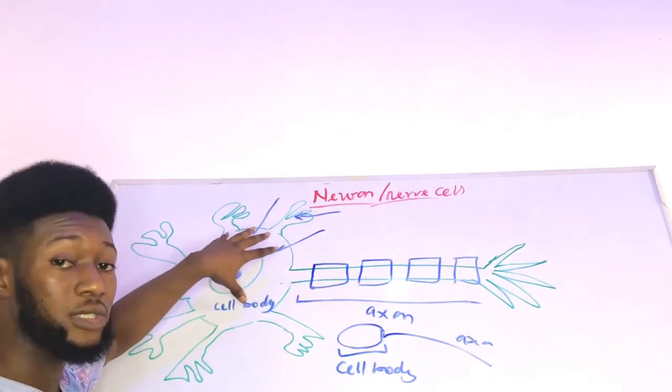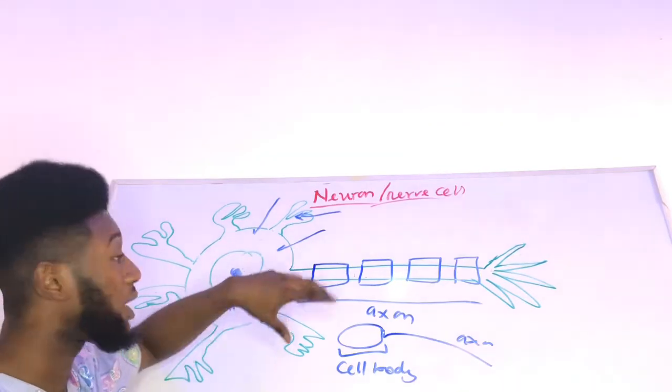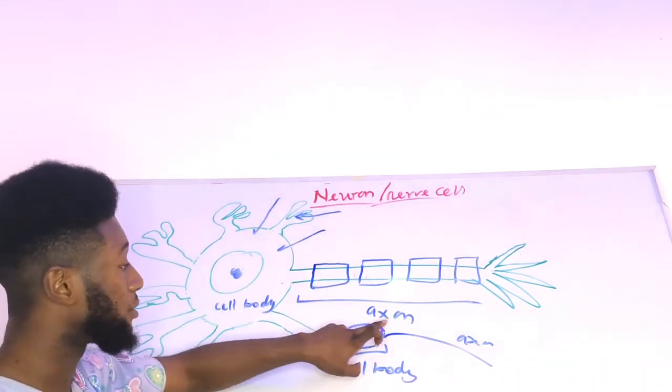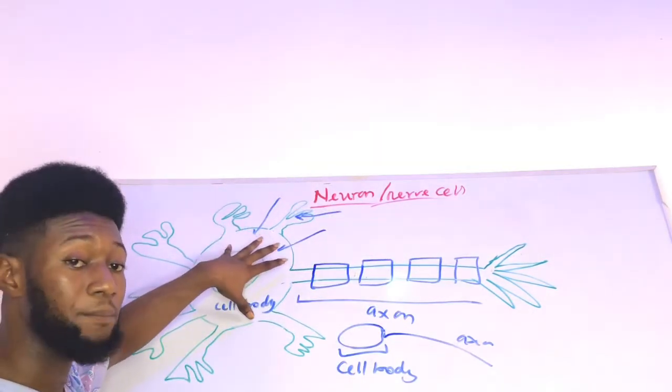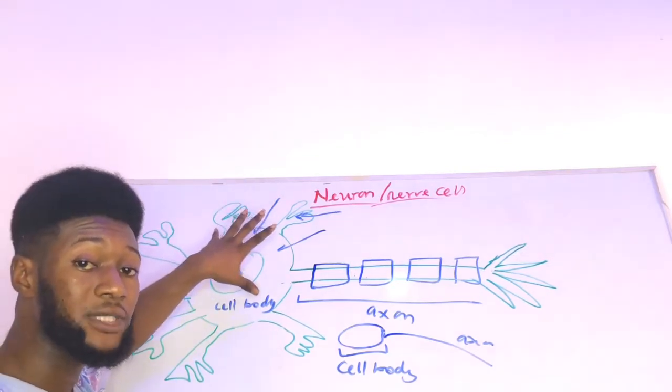I'm not going much into detail. We have the axon hillock and so on. But the point I want to establish is that the axon is the long process of a neuron, and it has a cell body over here. From the cell body, there are extensions called dendrites that increase the surface area.